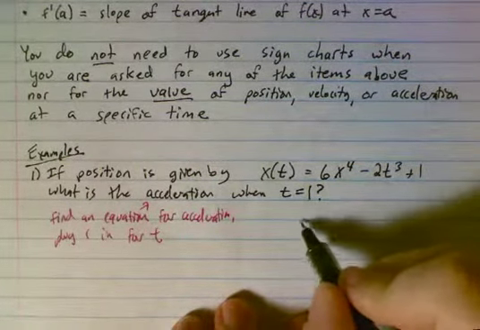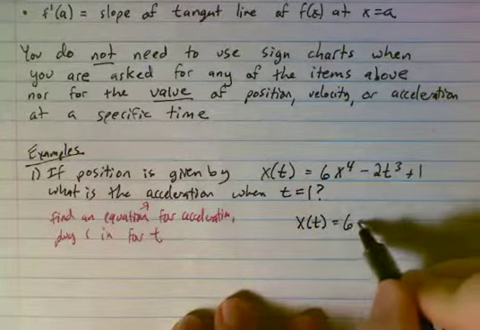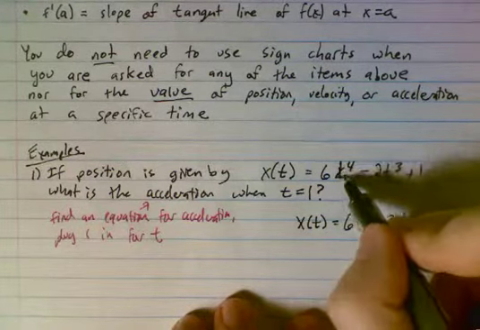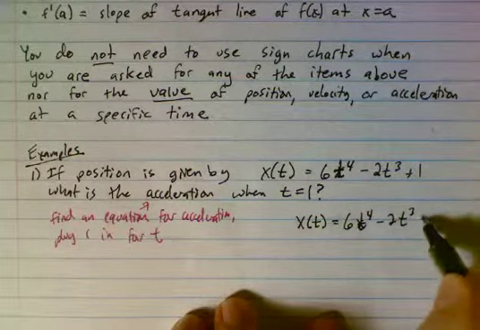So we know that x of t, position, is 6t to the fourth minus 2t cubed, oops, this should be a t, my bad, plus 1.